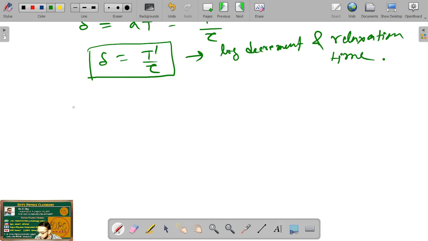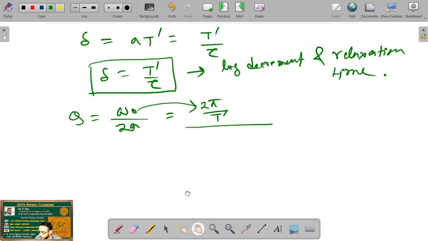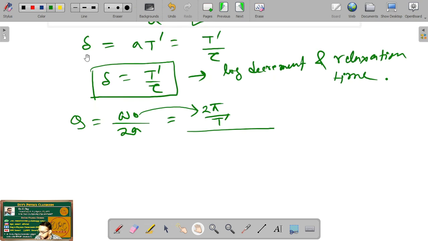Next we will derive the relation between quality factor and log decrement. Quality factor is omega 0 divided by 2a, which equals 2 pi by t prime divided by 2a, where omega 0 equals 2 pi by t prime, and we can write 2a in the form of delta, the log decrement, as 2 into delta by t prime.